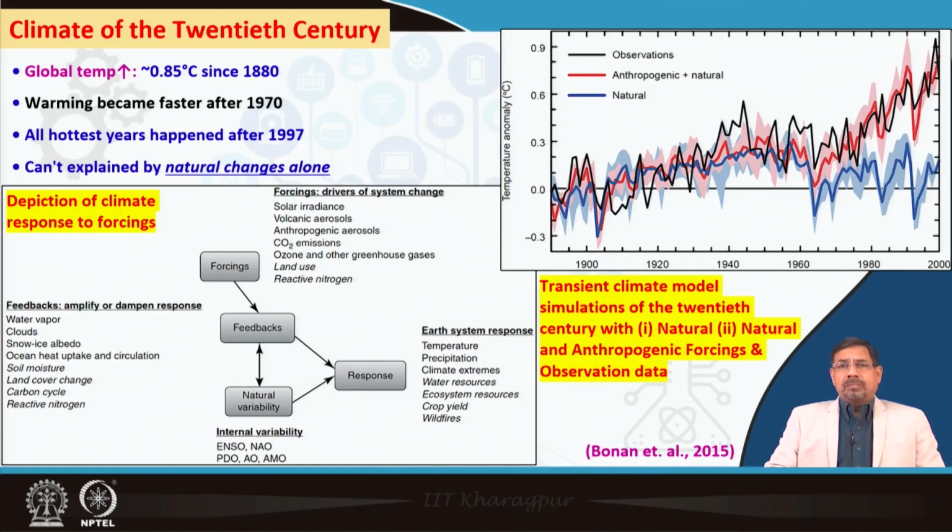All of us know about ocean acidification, and in terms of many other marine organisms, bleaching and other things have been reported, and it also affects the crop yield. Higher temperature also affects wildfires. We have been seeing a lot of cases in India, abroad, the US, and many other places. So, all of us have started receiving the impact of climate change in terms of more and more extreme weather events.